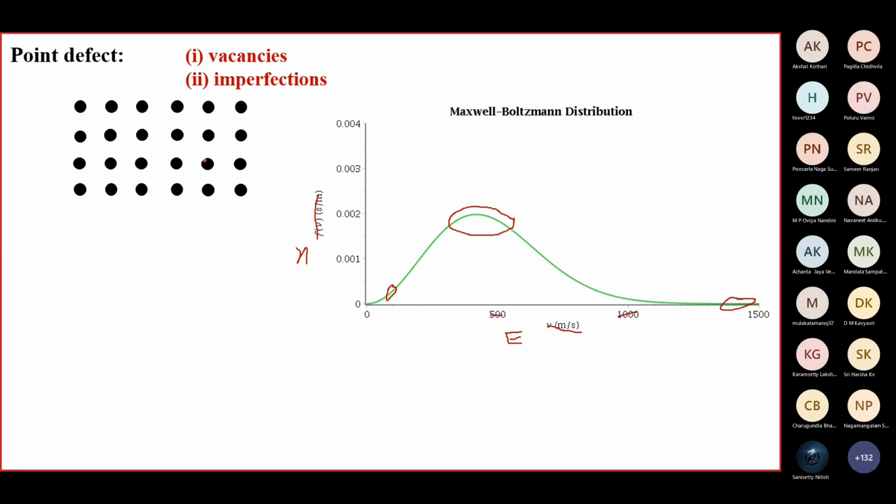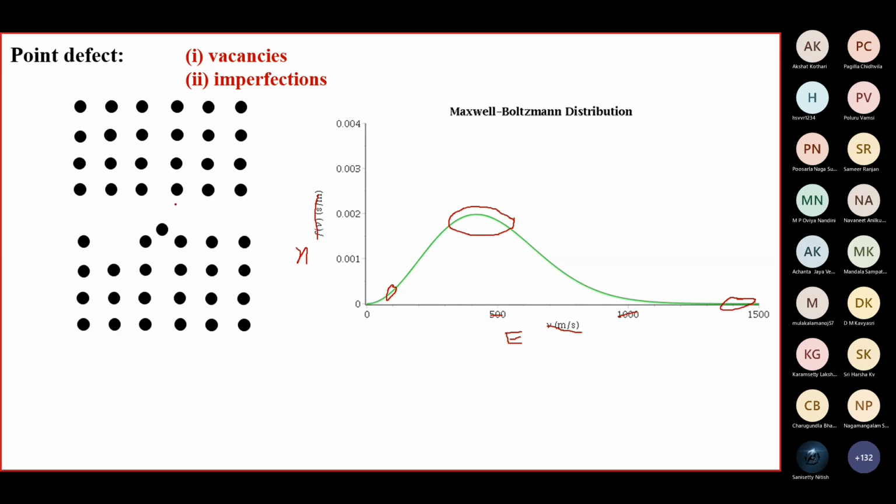When they break the bond, what happens? They move out. They move to the surface, if they are well within the material. See here, this atom has broken the bond and has moved. Similarly, here the atom has broken the bond and moved here.